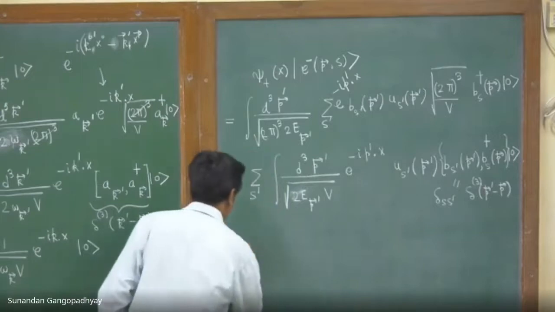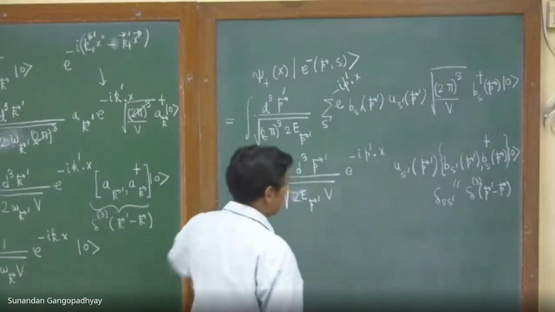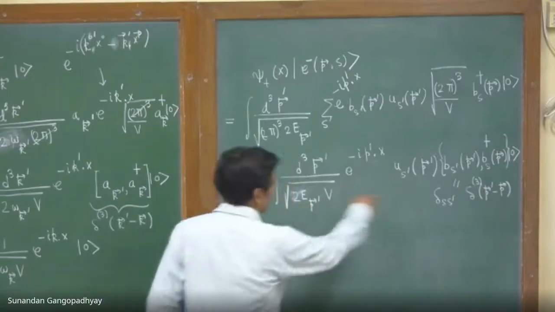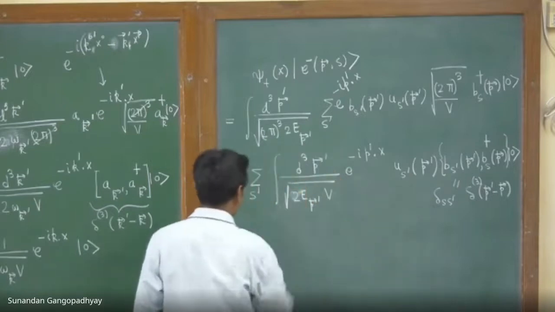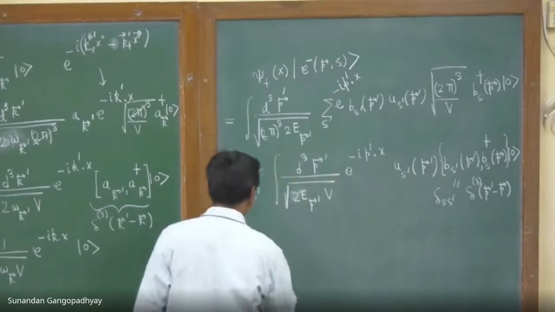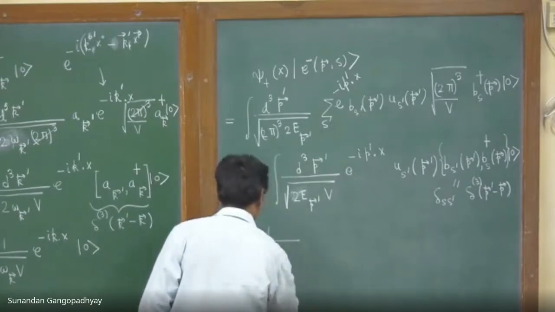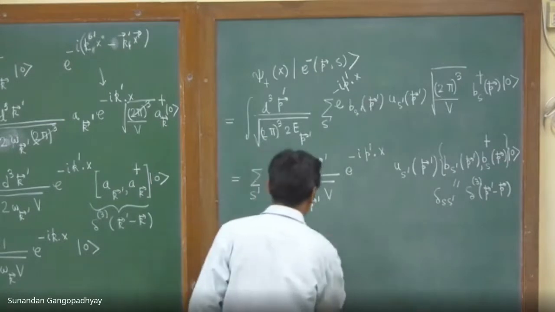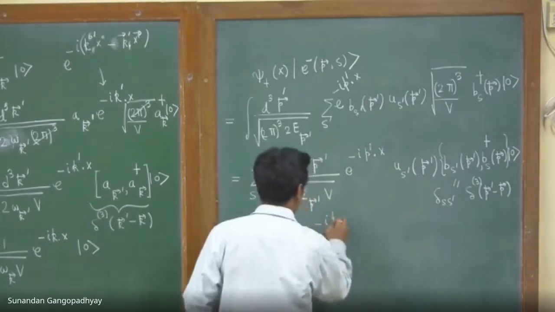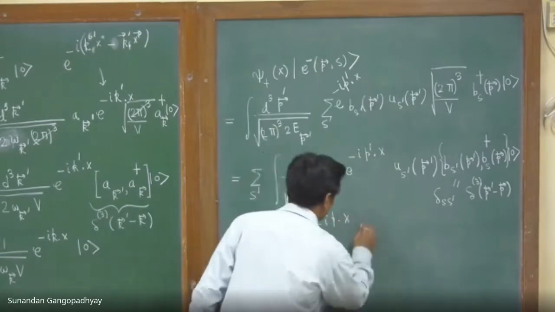Connected delta allows us to complete the sum over S prime. So if you do that, and Dirac delta you can do the integral over P prime. This will give us once again 2 E_P volume V. We have e to the i P dot X.